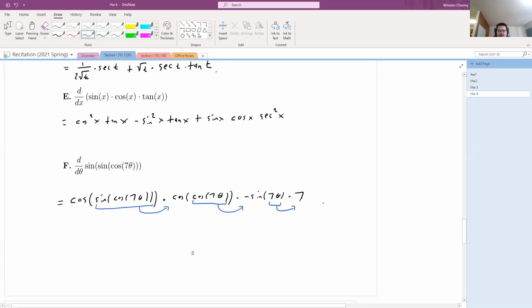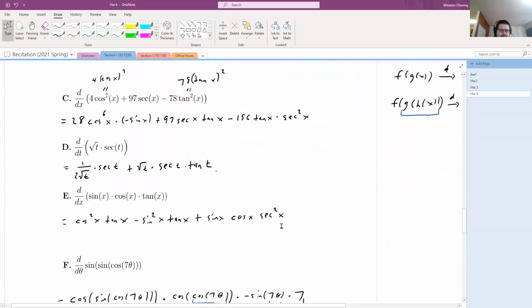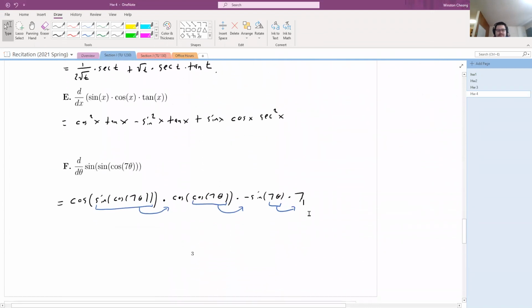And so that's what creates the following factors, the multiplicative factors afterwards. Okay, and then we stop at 7 because there's no more inner functions, right? There's no inner function to 7. All right, so that is number 6. All right, any questions? Hopefully the chain rule made sense.